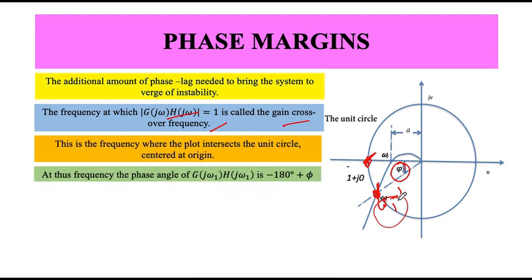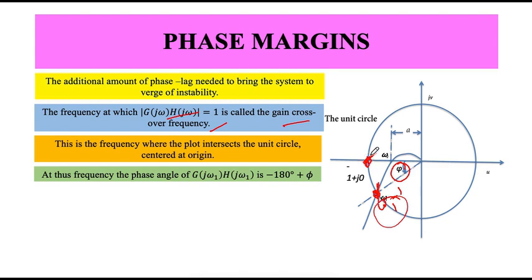If I push this point a little bit with an angle of phi, the phase becomes minus 180 degrees. While I am doing this along that unit circle, the magnitude remains unity, so the magnitude remains 1.